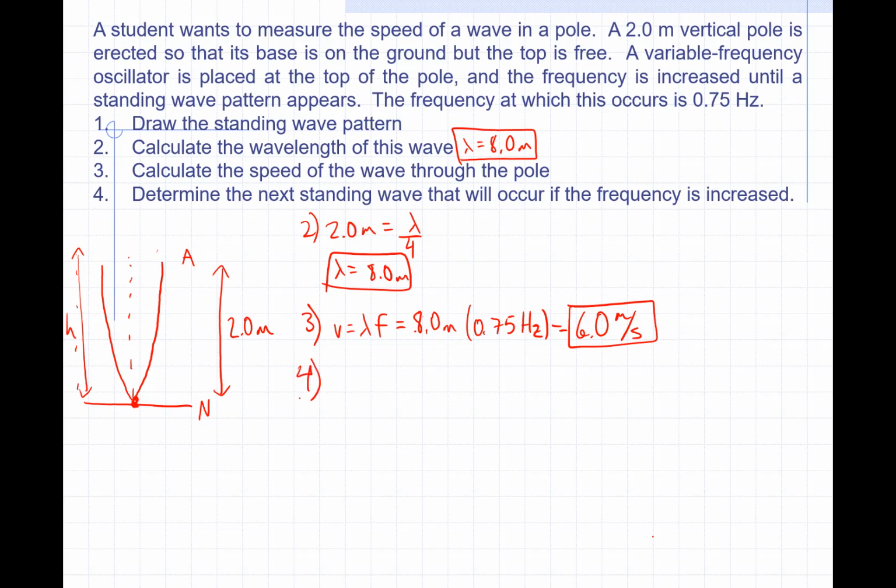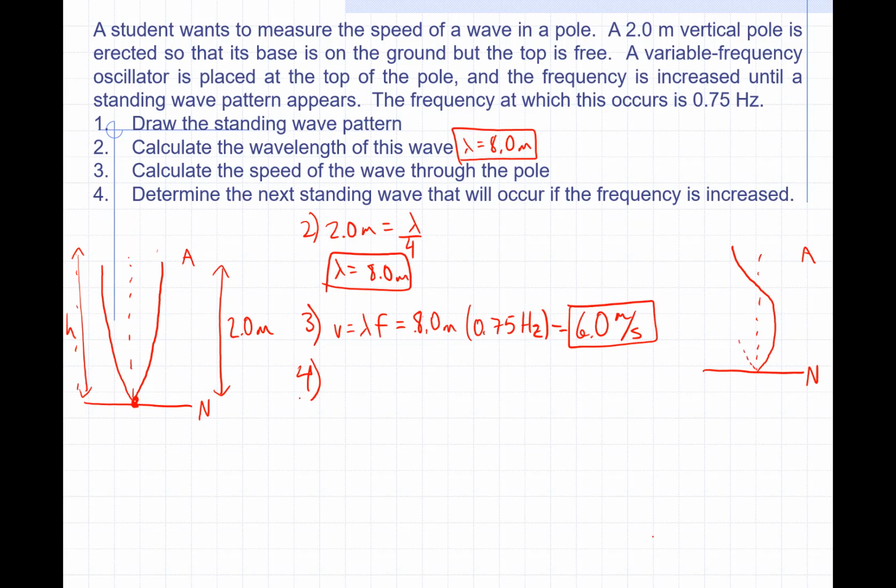determine the next standing wave that will occur if the frequency is increased. Well, to do that, I'm just going to sketch out again what we have. We have a node here, and we have an antinode up here. I'm going to try and add a half wavelength, and it's going to look like that.